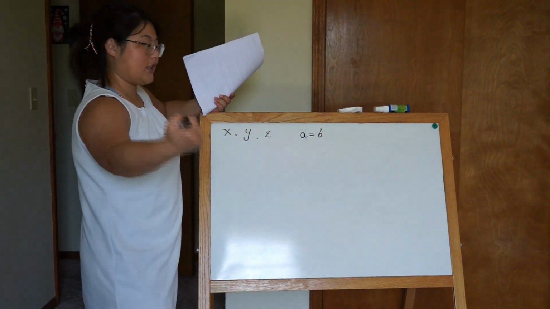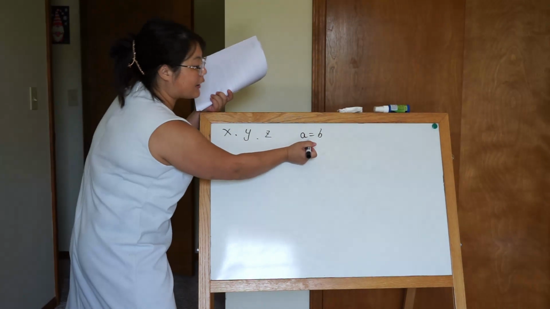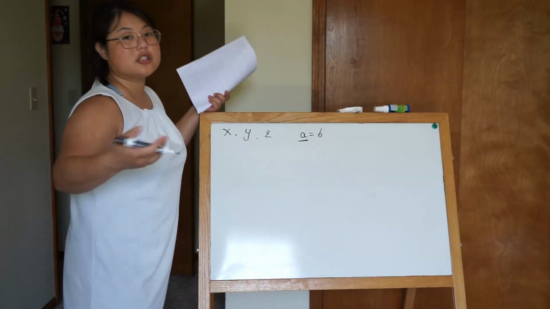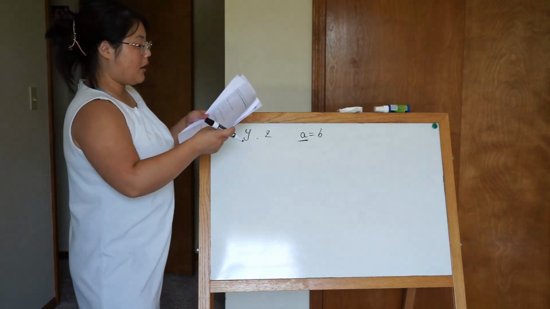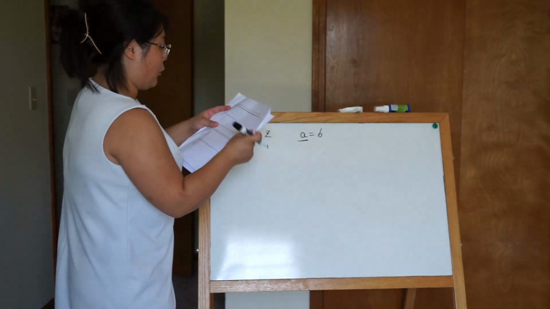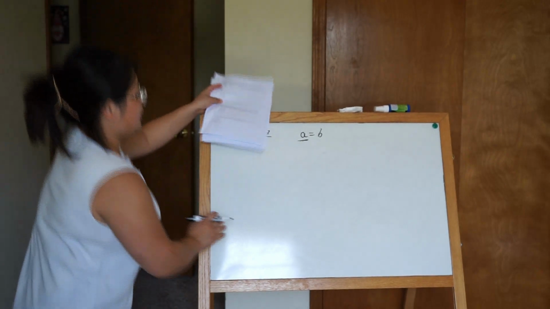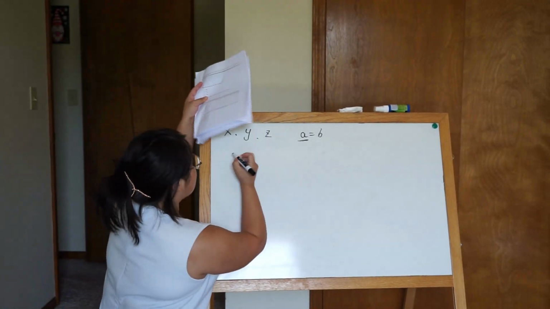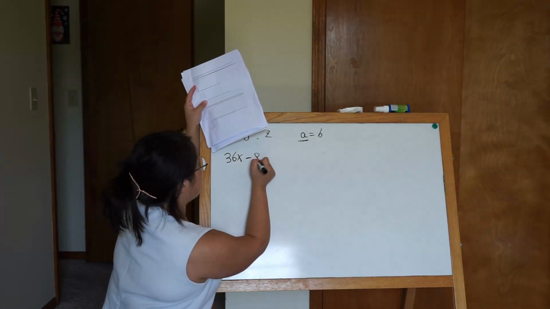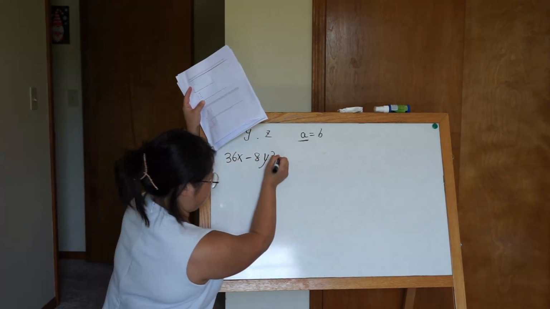Some of the questions just give us part of this, and then let us calculate that. For example, in here, question 2, we have the relationship 36x minus 8y squared.